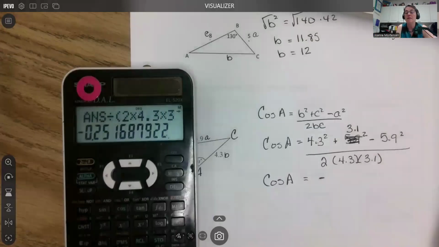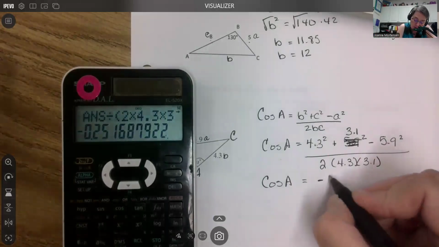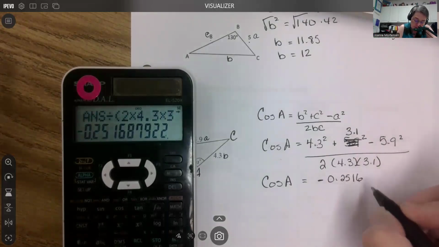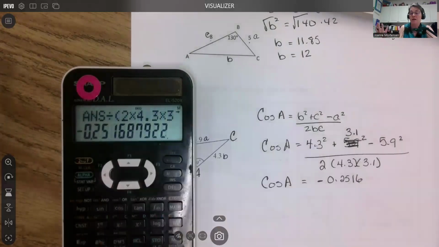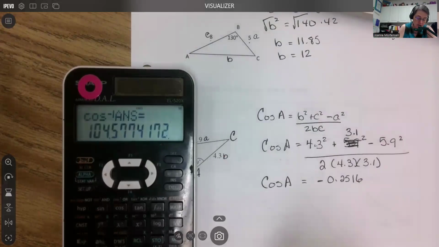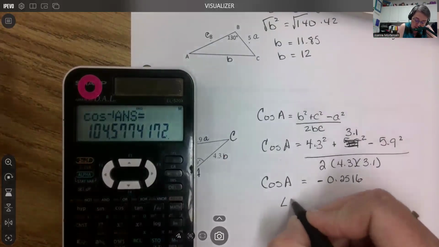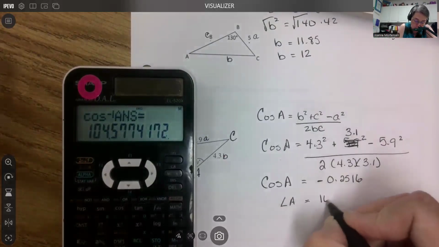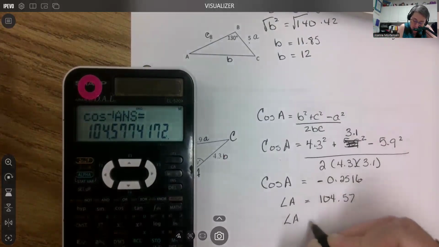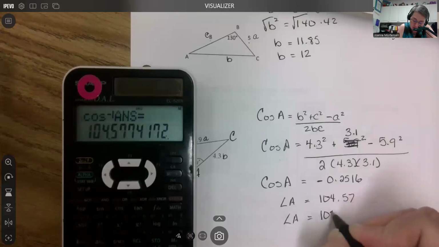Okay, notice it's a negative. It's okay. With cosine, it's all right to have a negative in your answer. Negative 0.2516. And again, I don't really care about rounding because I'm just going to go second and cos right away. And angle A is equal to 104.57. Angle A is equal to 105 degrees.